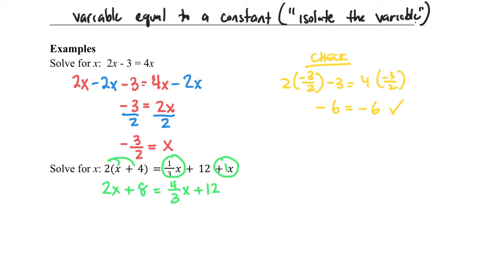I am going to move the 4/3 x over to the left-hand side. So I'm going to have 2x plus 8 equals 4/3 x, and then I'm going to subtract 4/3 x. I goofed up here. I'm going to subtract 4/3 x from both sides.